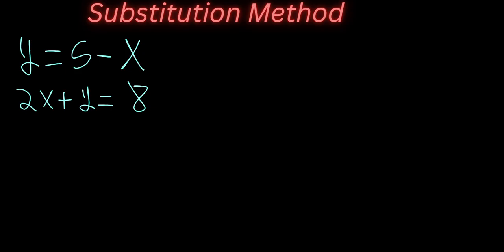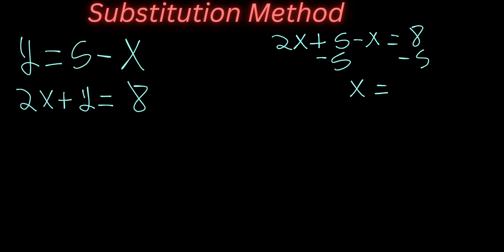Okay, here is another problem. It's going to require a little more algebra. Go ahead and give it a try. All right, we're given what y equals, and we're given 2x plus y equals 8. Let's sub that y value in. So we have 2x plus 5 minus x equals 8. We can subtract 5 and combine like terms to get x equals 3.